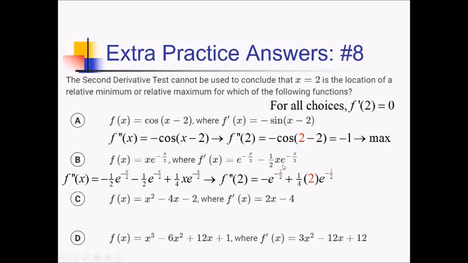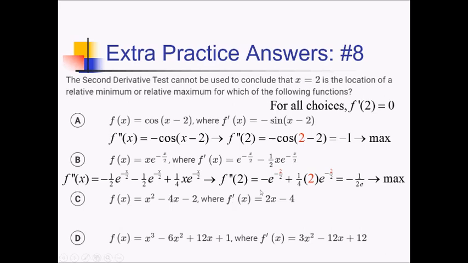So that gives us a negative half of a 1 over e, or negative 1 over 2e. In any case, this is a negative value, so that means we have a local max on the second derivative test. So the second derivative test works, because this comes out either negative or positive, specifically negative. Fine. Moving on to the next one.